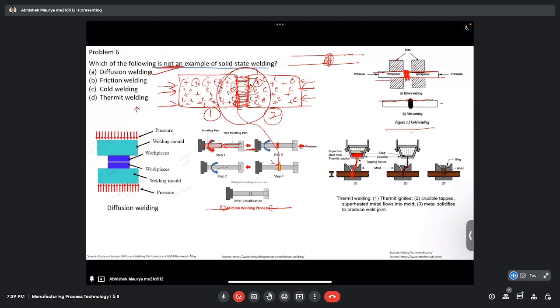So ultimately we are melting the filler material and putting it into the gaps between the two materials to be joined, and finally it gets welded.